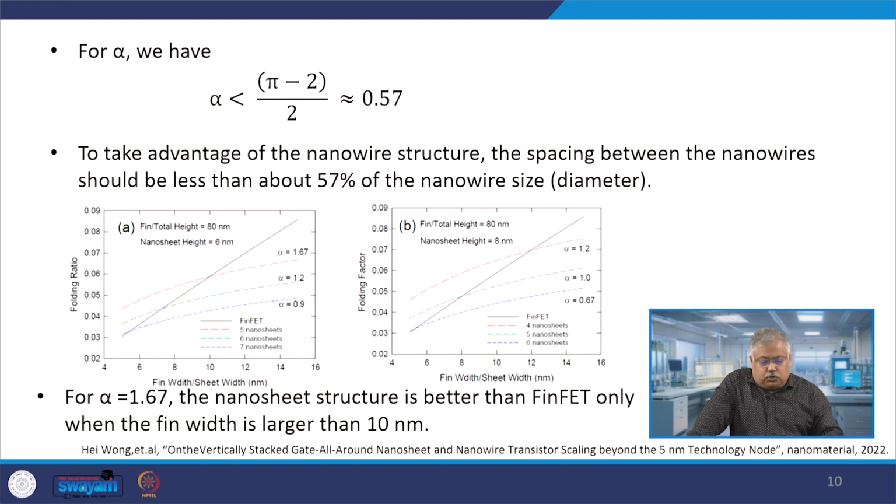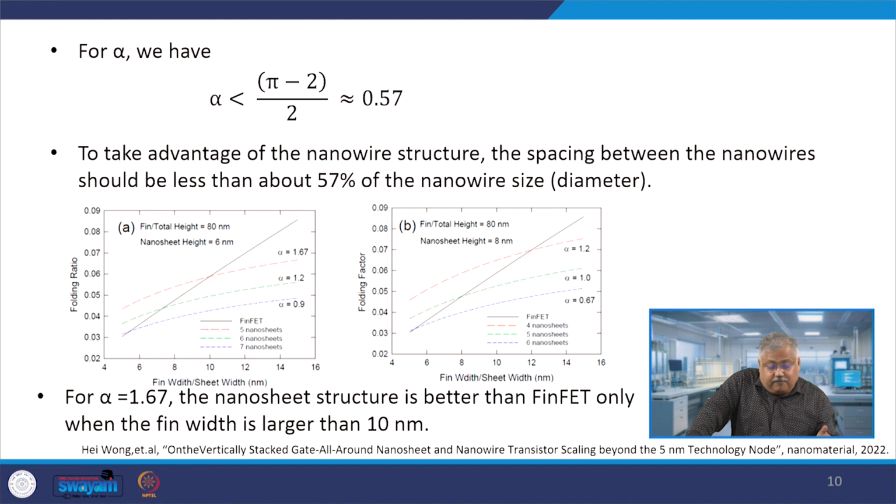So, to conclude this whole discussion, typically alpha is chosen to be around 0.57, right. This ensures that the spacing between the nanowires should be less than about 57% of the nanowire size. So, you take the nanometer size diameter, and the spacing between the nanowires should be less than 50% of the nanowire's thickness.